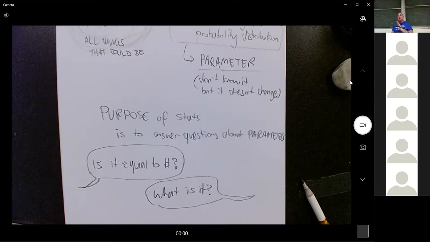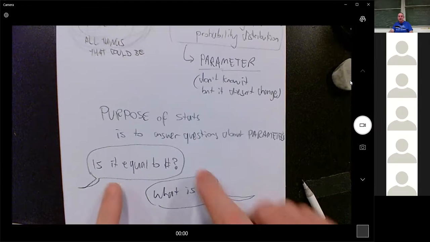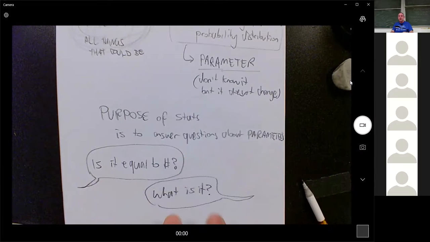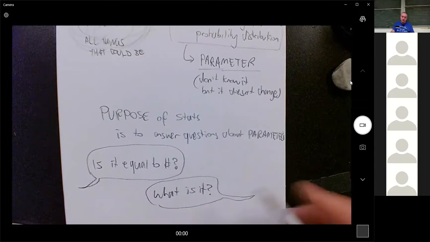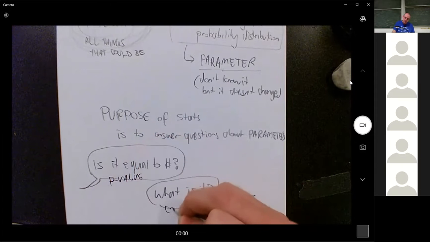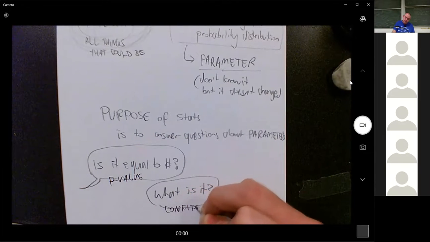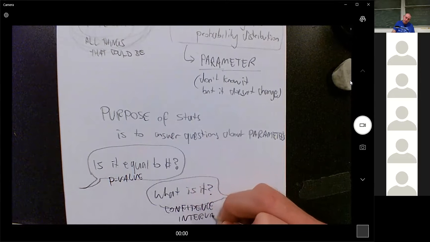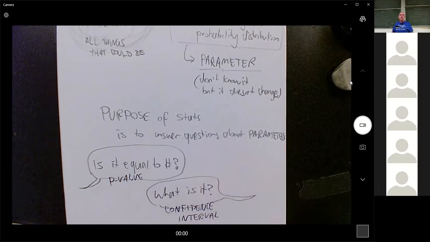And the point of a p-value and a test statistic is to answer this question, and the point of a confidence interval is to answer this question.